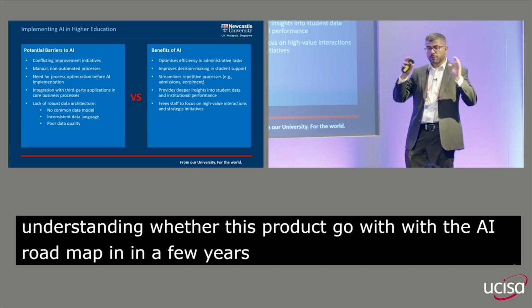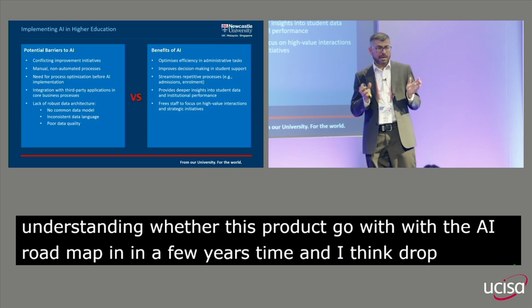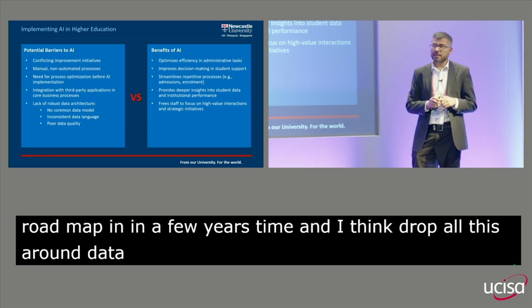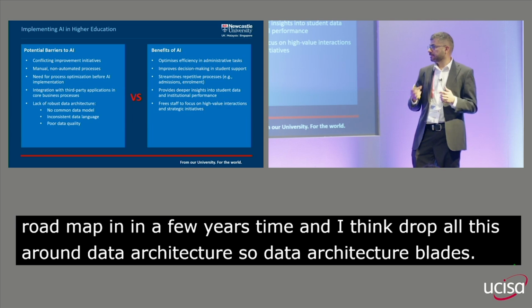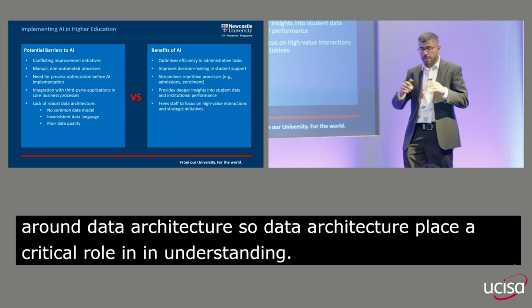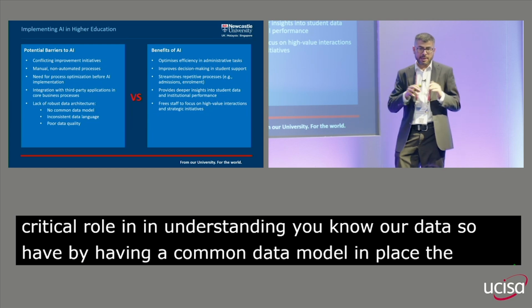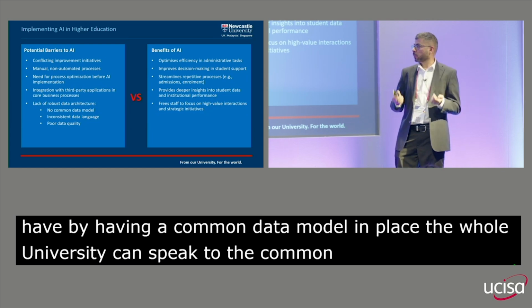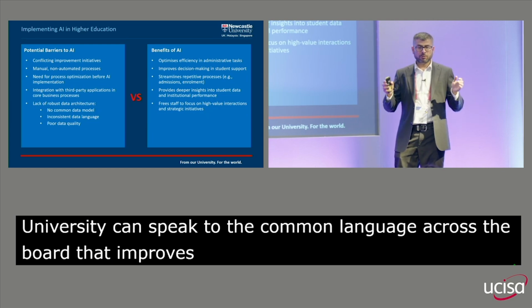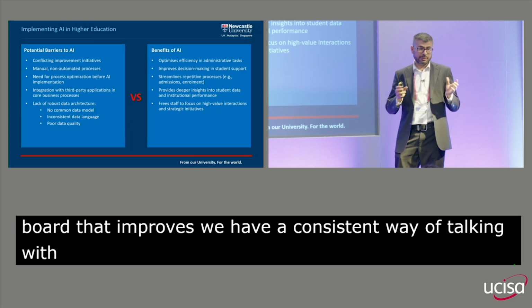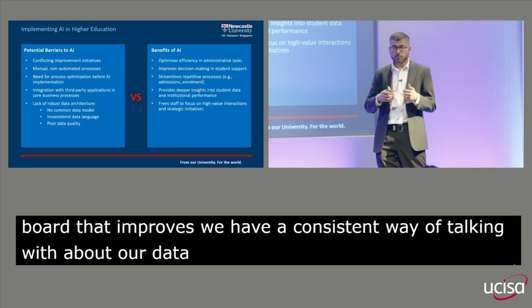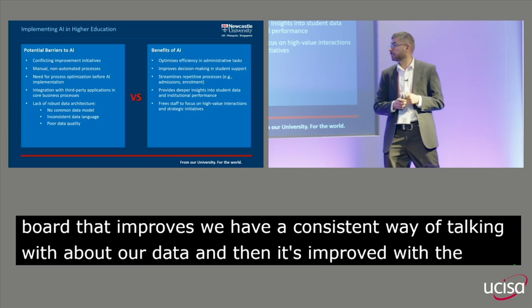And I think to wrap all this around is data architecture, because data architecture plays a critical role in understanding our data. By having a common data model in place, the whole university can speak a common language across the board. We have a consistent way of talking about our data, and that improves the data quality across the whole organization.